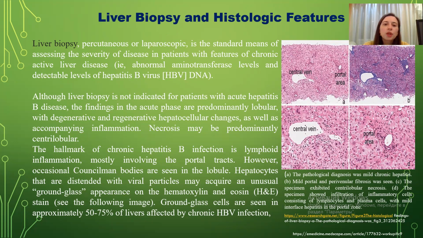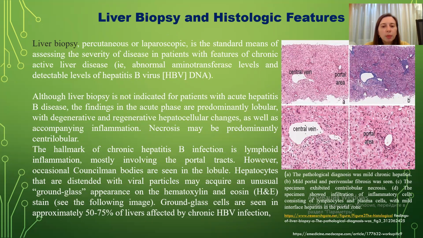Although liver biopsy is not indicated for patients with acute hepatitis B disease, the findings in the acute phase are predominantly lobular with degenerative and regenerative hepatocellular changes, as well as accompanying inflammation. Necrosis may be predominantly centrilobular.